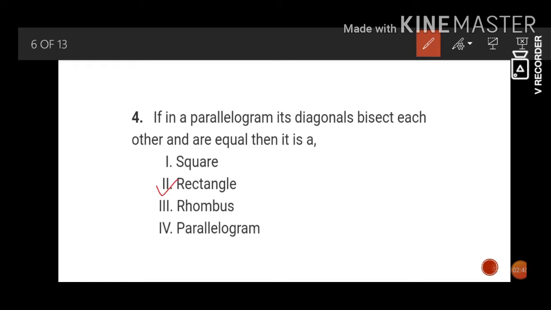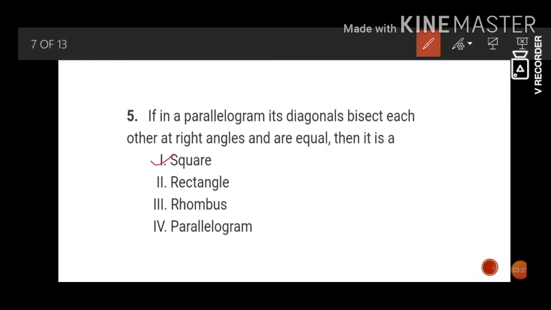The diagonals of a square bisect each other at 90 degrees and the diagonals are equal. For a rhombus, the diagonals bisect each other only at 90 degrees. The diagonals are not equal. And for a rectangle, they bisect each other and they are equal. So here the question says the diagonals bisect each other and are equal. Only bisecting and equal is given. So our correct option will be rectangle.